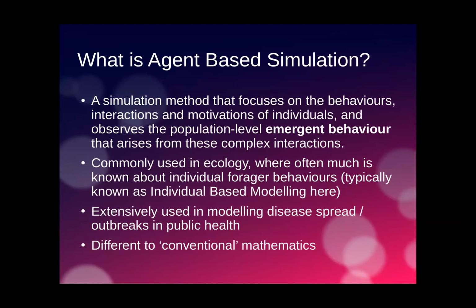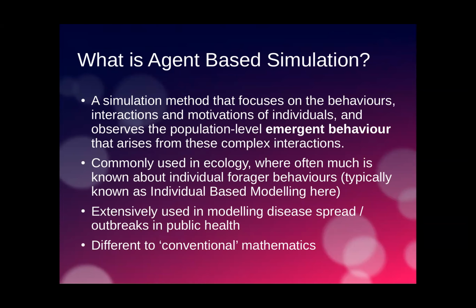So let's just remind ourselves what we mean by agent-based simulation. We touched on it a little bit in the cellular automata session, but let's describe what we mean more generally. It's basically a simulation method that focuses on behaviors, interactions, motivations, goals, etc. of various individuals. Remember, we talked extensively in the last session about how we're interested in the complex emergent behavior that arises from these individual-level interactions, which are often very simple, but then you have this complex, interesting emergent behavior emerging.